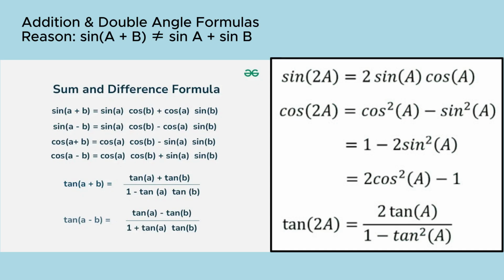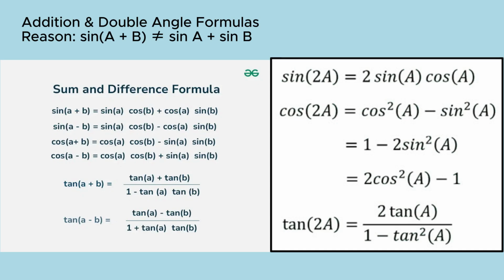If you take sine of 30 plus 60 in brackets, in degrees, you get sine 90 degrees, which is equivalent to 1. But if you try separately, like sine 30 degrees plus sine 60 degrees, your answer is going to be different. So this operation is not going to be equal to the other.